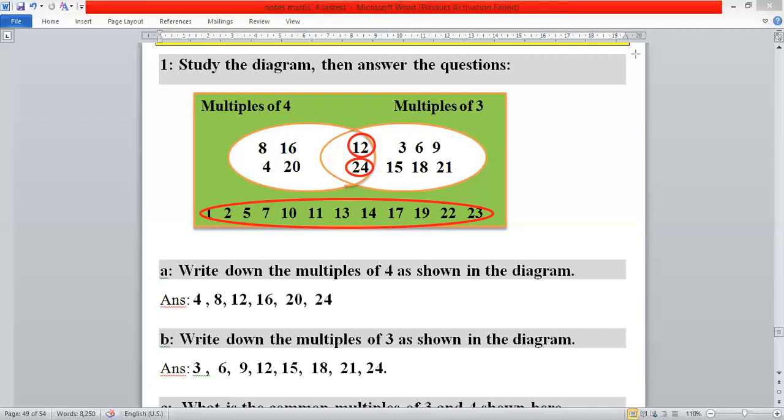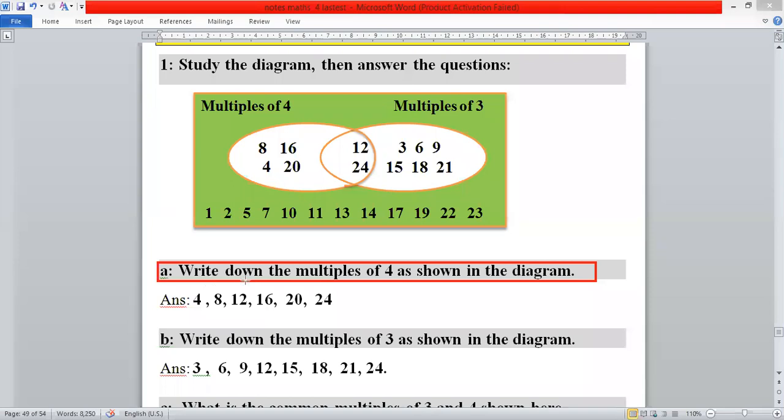The first one is: write down the multiples of 4 as shown in the diagram. So all of you know that in the given diagram, these are the numbers given inside the first circle. Those are the multiples of 4. So we will copy these from this circle: 4, 8, 12, 16, 20, 24.